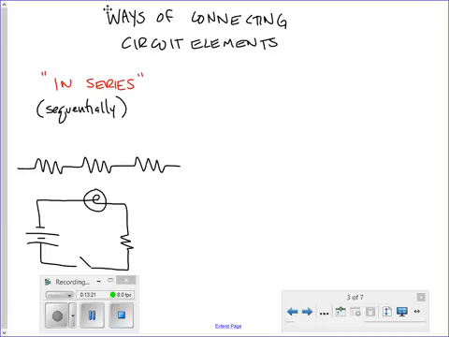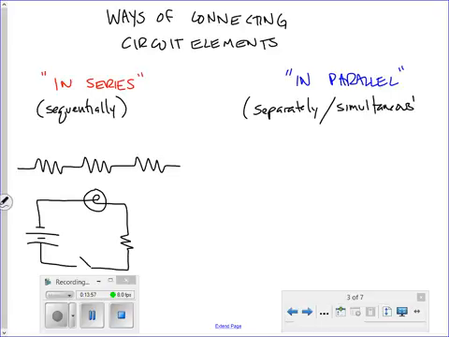Okay? The other big way to connect circuit elements is what's called in parallel. You could say separately, or simultaneously. What that means is, notice, in a series connection, we have one path.